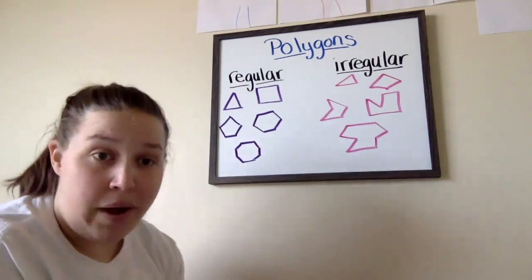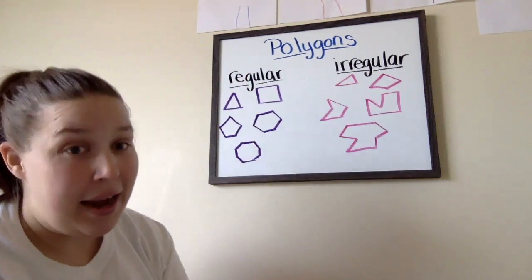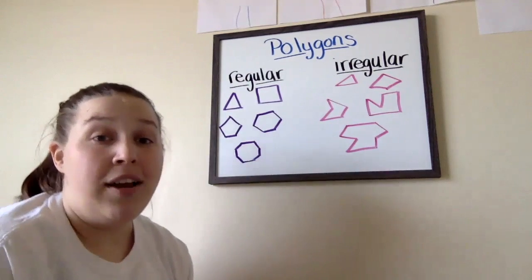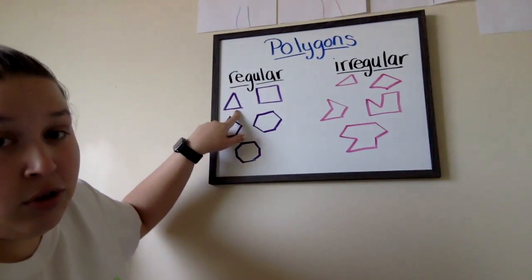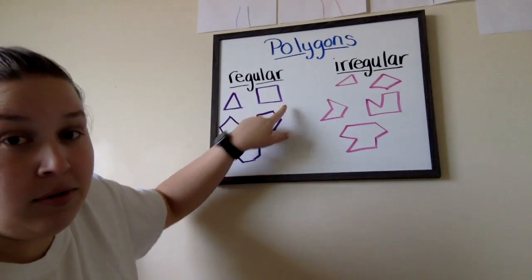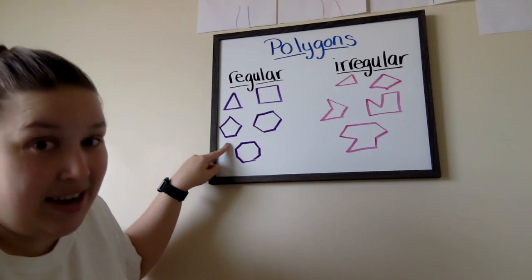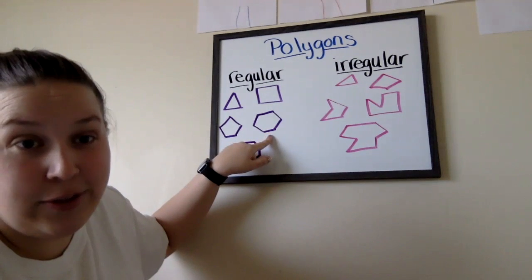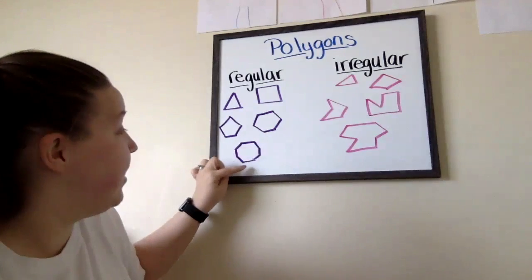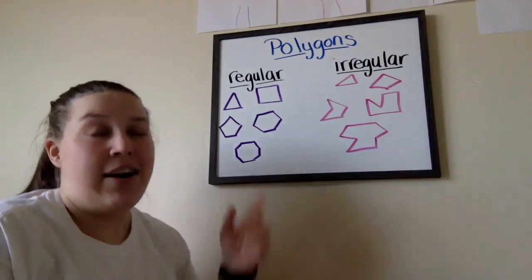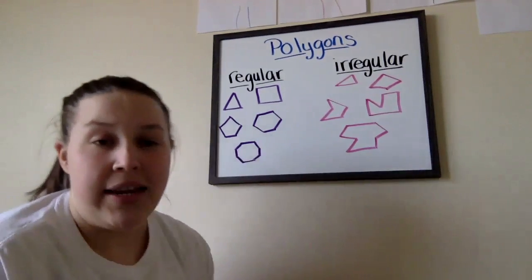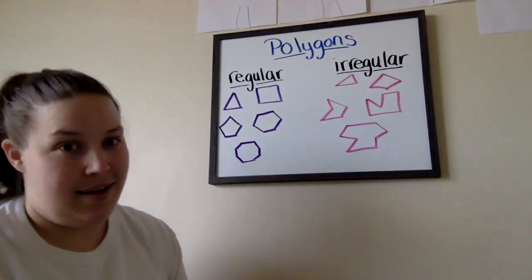So we have a few polygons that you're going to see when we do our hierarchy, all right? They are the triangle, quadrilateral, pentagon, which is 5, hexagon, which is 6. Then we'll have 7. I don't have it drawn up here, but 7 is a septagon.